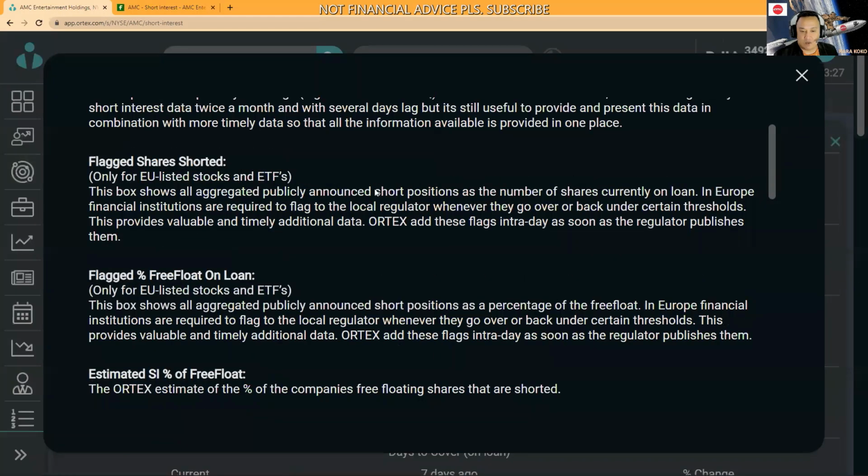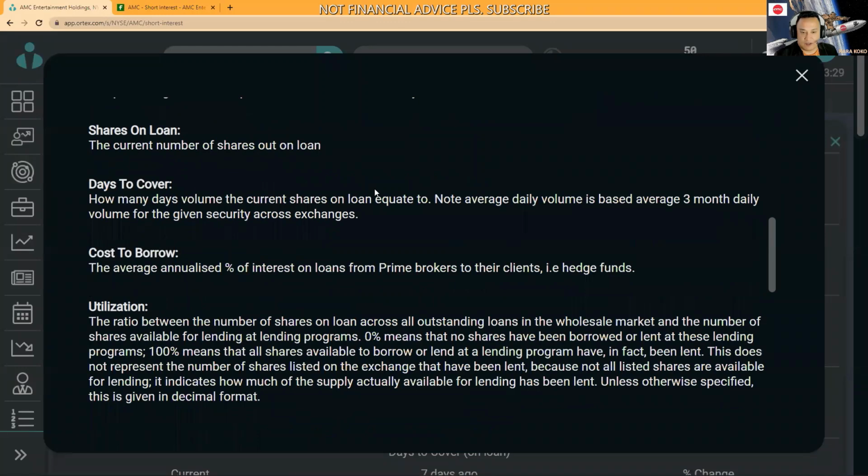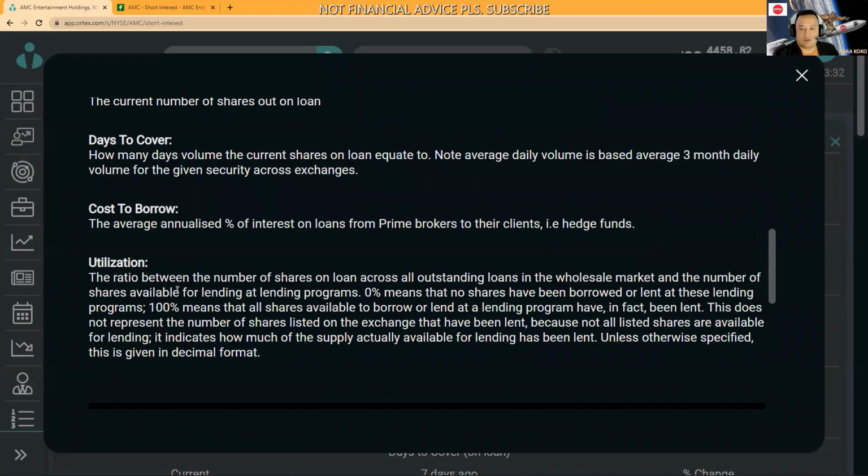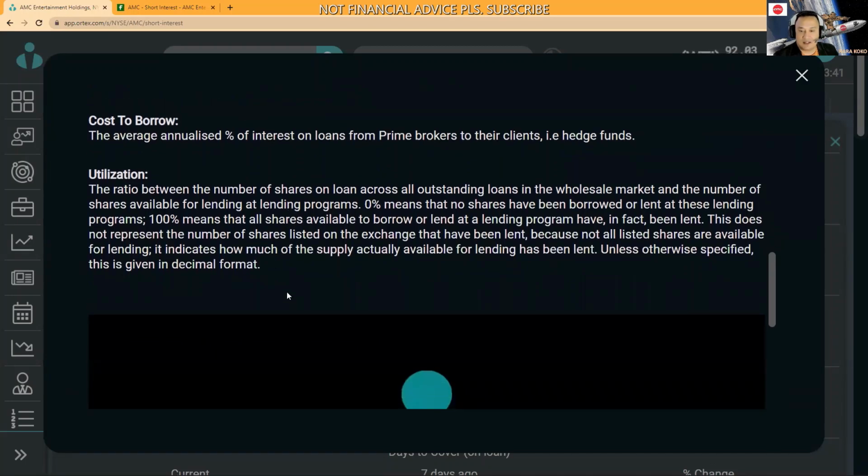Now, if you're asking what is the utilization, right? The utilization is the ratio between the number of shares on loan across all outstanding loans in the wholesale market and the number of shares available for lending at lending programs. 0% means that no shares have been borrowed or lent at the lending program. 100% means that all shares available to borrow or lend on a lending program have, in fact, been lent.